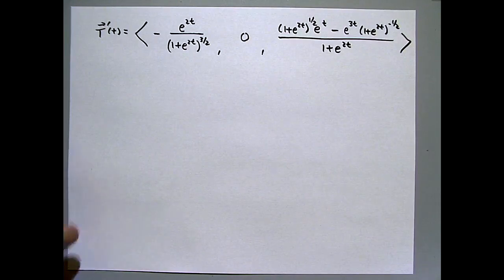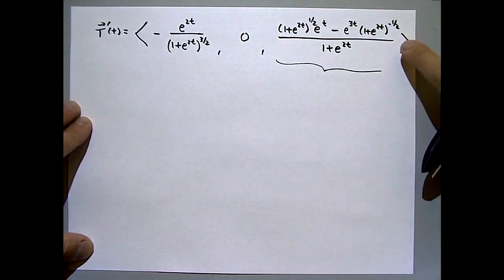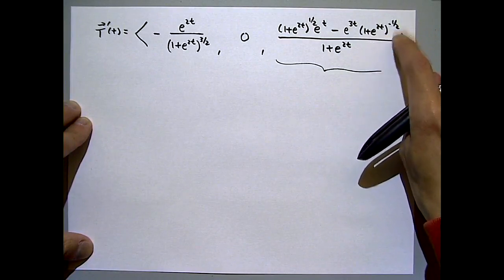We can simplify the last one a little bit more. I could multiply top and bottom by 1 plus e to the 2t to the positive 1/2.